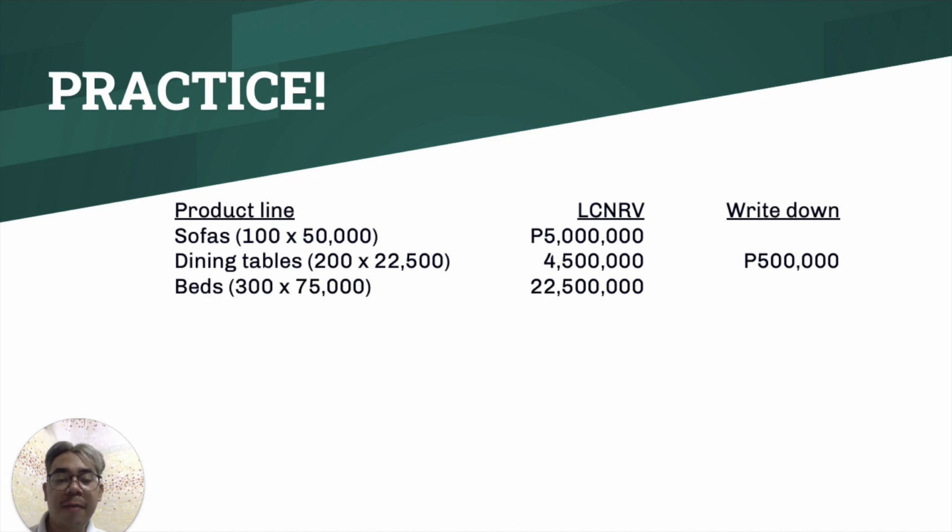For beds, mas mababa ulit ang cost, so that's 75,000 times 300 units. LCNRV is 22,500,000. Again, walang write down kasi mas mababa ang cost. For closet, mas mababa din ang cost na 37,500 times 400 units, that's 15 million.